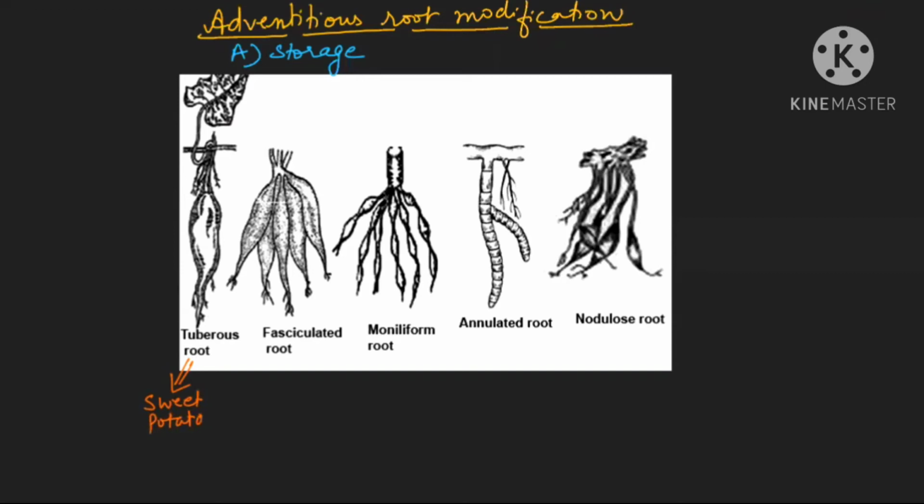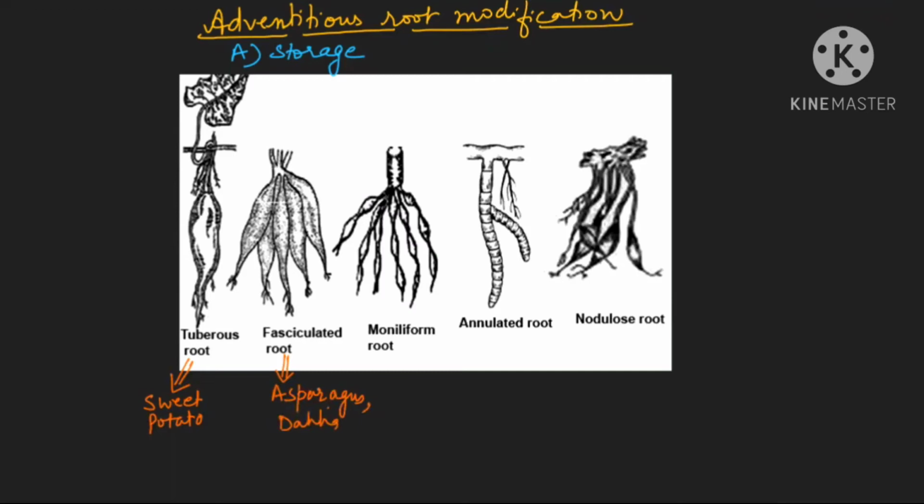But if you see the second diagram, fasciculated root, in this you are finding they are occurring in clusters. Okay, cluster is there. This is again in your NCERT diagram. And the examples for this are asparagus and dahlia. Two examples are there. Please learn it. Asparagus and dahlia.